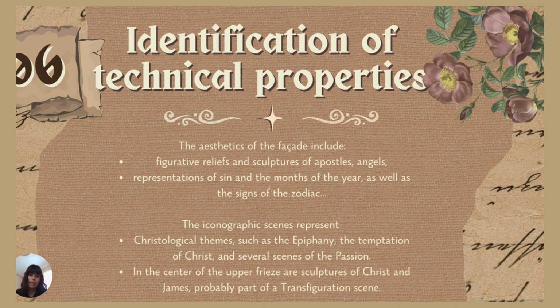Then the aesthetics include figurative relief and sculptures of apostles, angels, representations of saints, the months of the year, signs of the zodiac, and the iconography represents Christological themes such as the Epiphany, the Temptation of Christ, and several scenes of the Passion. All this is related to the Catholic Church, obviously.